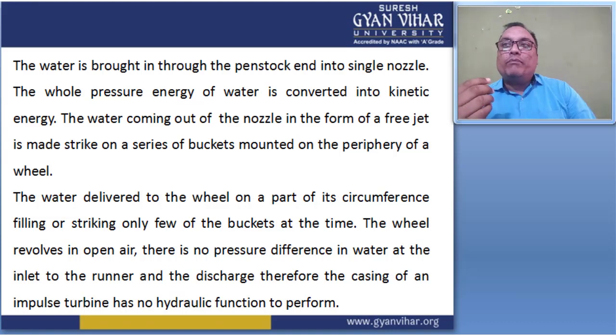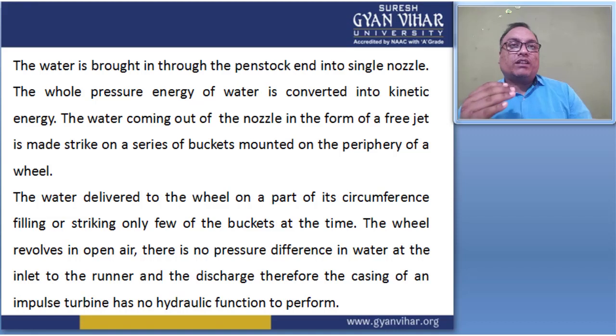It gives the maximum power and efficiency when the velocity of the water jet is twice the velocity of the rotating buckets, and the water coming out of the nozzle in the form of a free jet is made to strike a series of buckets mounted on the periphery of the wheel.